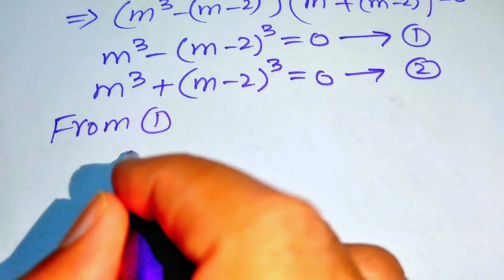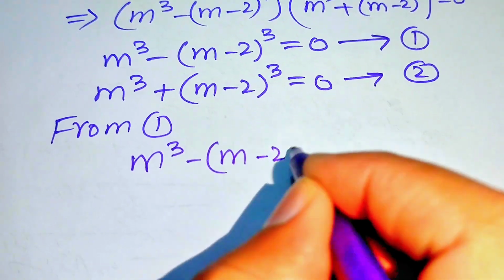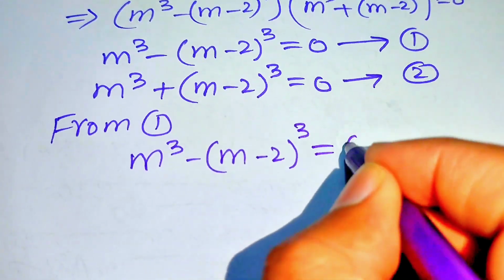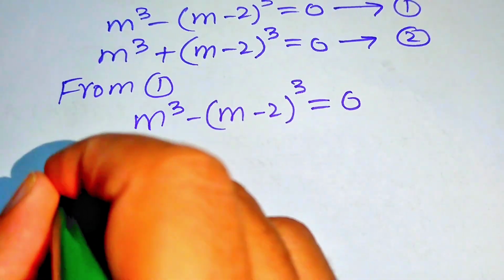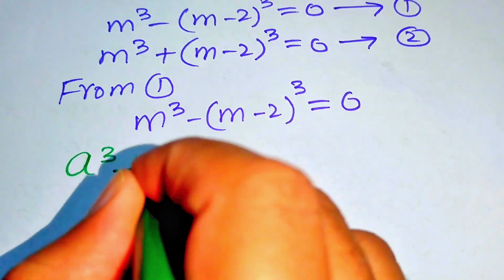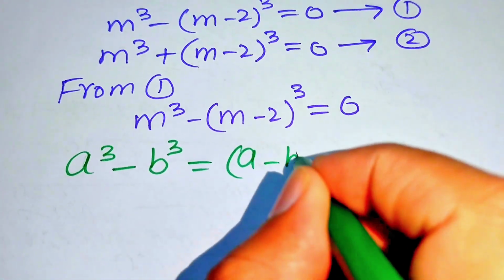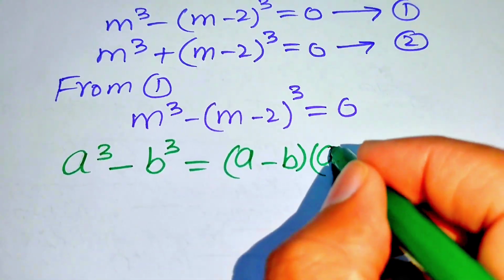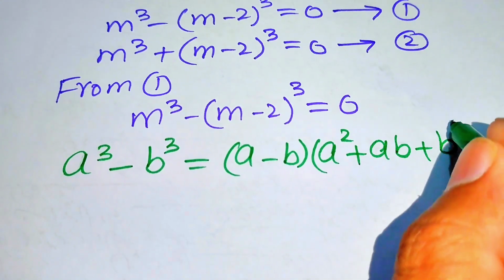So from 1 we have m cubed minus (m minus 2) cubed equals 0. Here we use the nice cubic formula, and you know about this formula: a cubed minus b cubed equals (a minus b) times (a squared plus ab plus b squared).